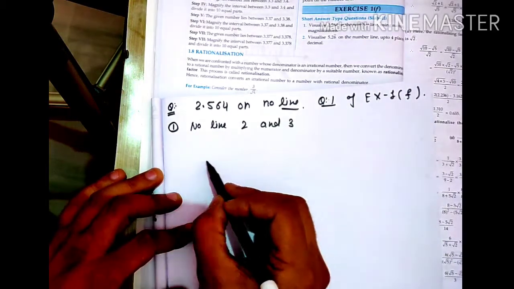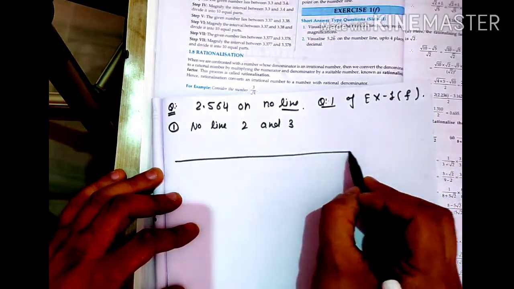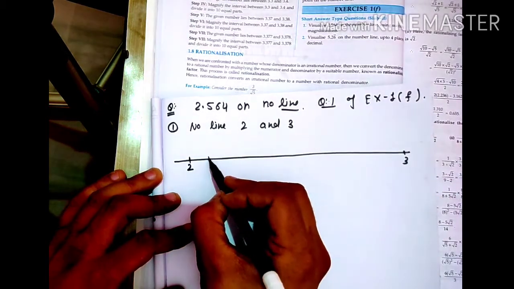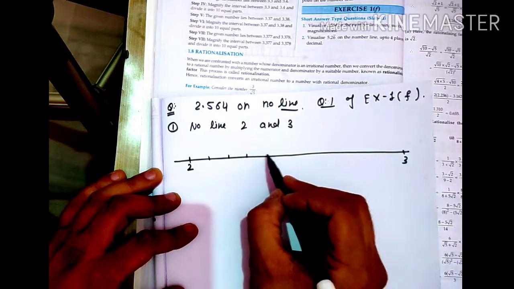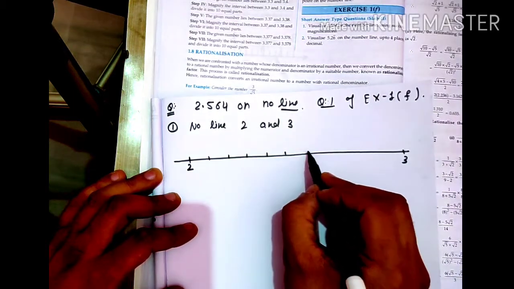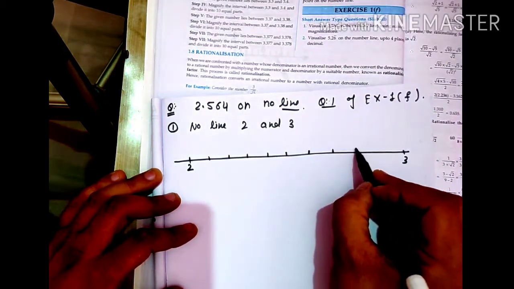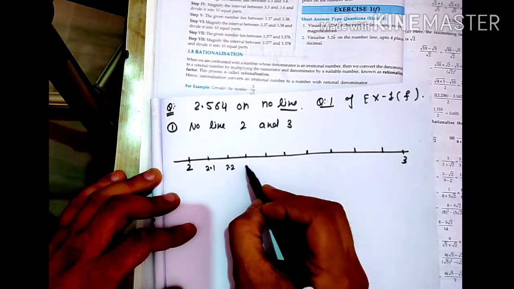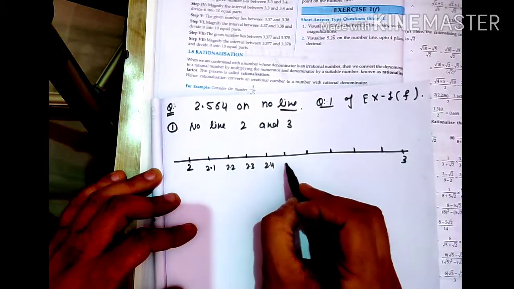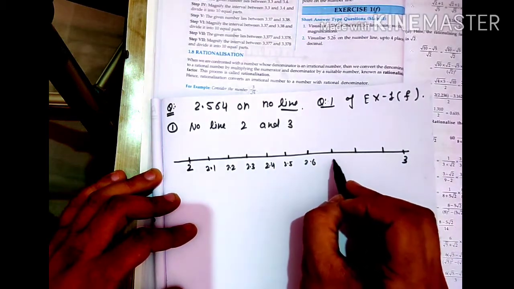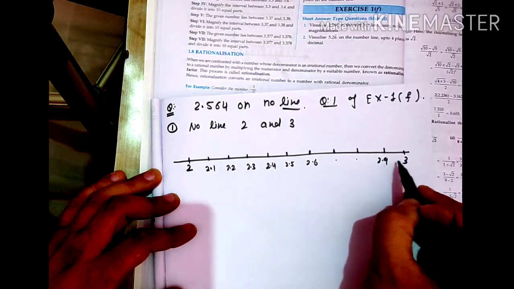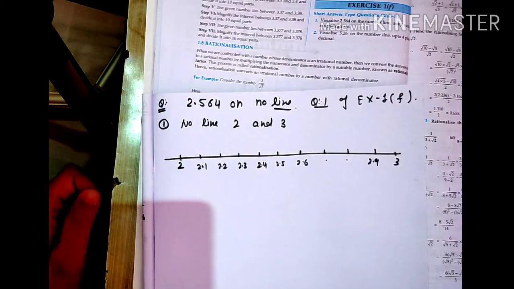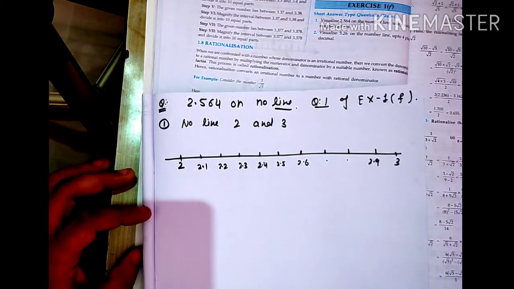Students, you have to make a number line with 2.1, 2.2, 2.3, 2.4, 2.5, 2.6, 2.7, 2.8, 2.9 and 3. Now 2.56 will lie between 2.5 and 2.6.